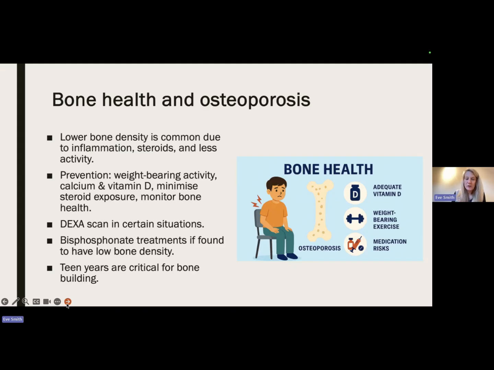We need to minimize steroid exposure, knowing that obviously sometimes they are needed, but where possible, trying to minimize it. And then particularly in patients who have maybe had a lot of steroid over a long period of time, doctors need to be monitoring bone health and thinking about doing things like DEXA scans, which look at the density of the bone.